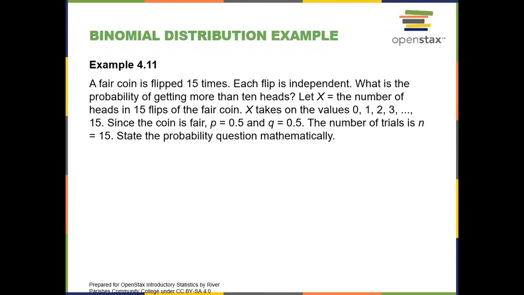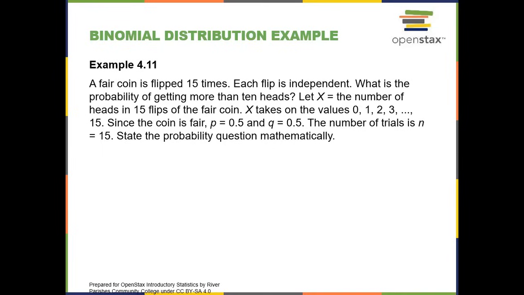You want to find the probability of X equal to 11 plus 12 plus 13 plus 14 plus 15. You start from 11 because you want more than 10 heads. 11, 12, 13, 14, 15. You stop at 15 because that's your maximum number of heads.